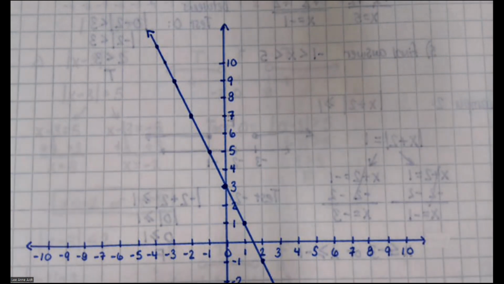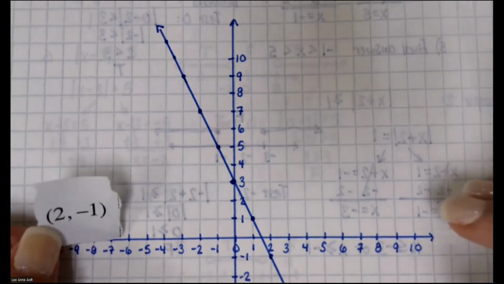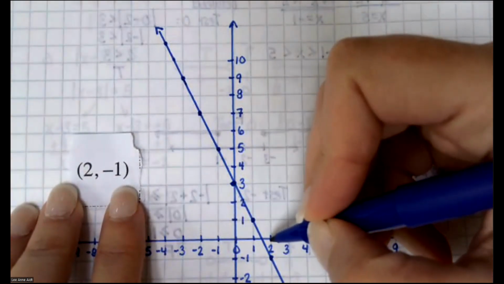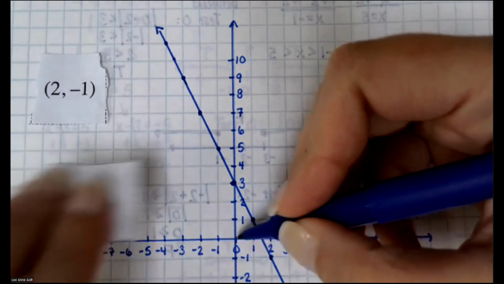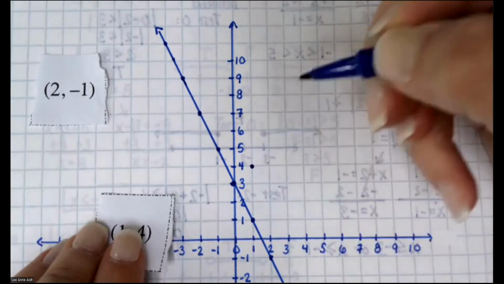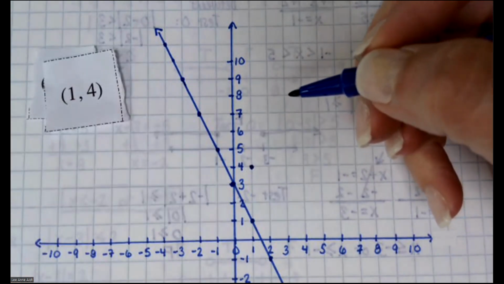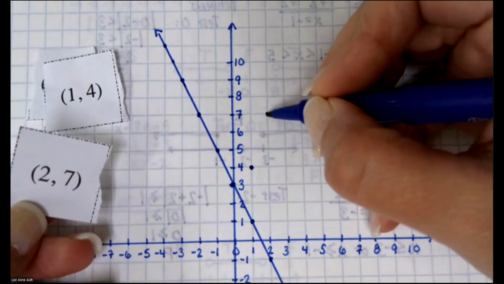Okay, so what I need you guys to do next is to follow along with me and graph all of the truths. So 2, -1, already graphed. Great. 1, 4. 2, 7.